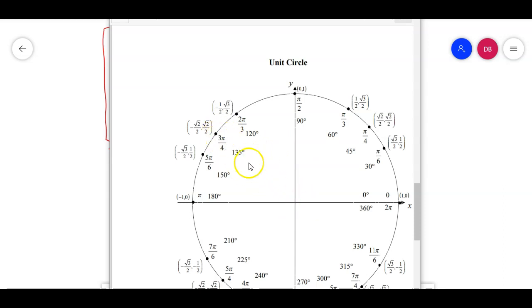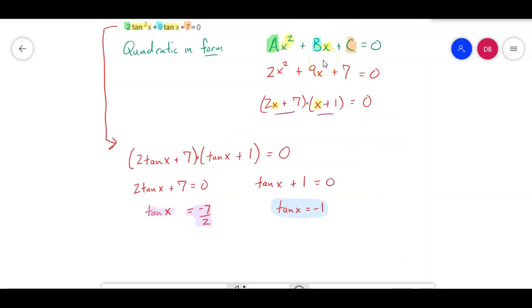That's a negative sloping line. Remember, tangent is the slope of the line segments that connect the origin to these points on the circle. So that's a negative sloping line with a slope of negative 1. Right? Change in y over change in x. So they're equal but opposite, so the slope is negative 1 there. So 3 pi over 4 is a place where this happens.